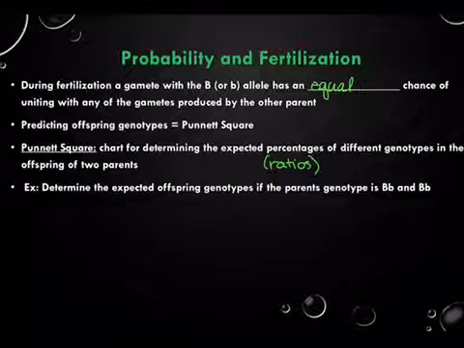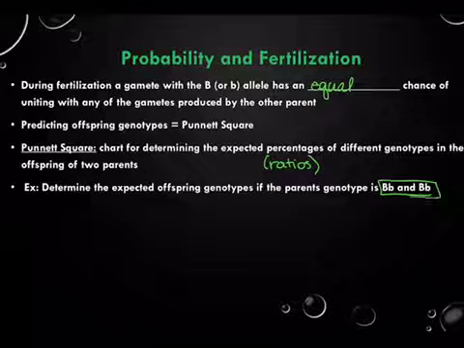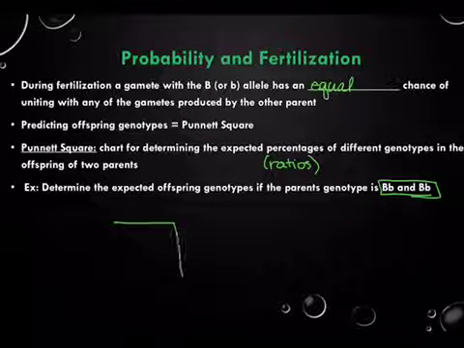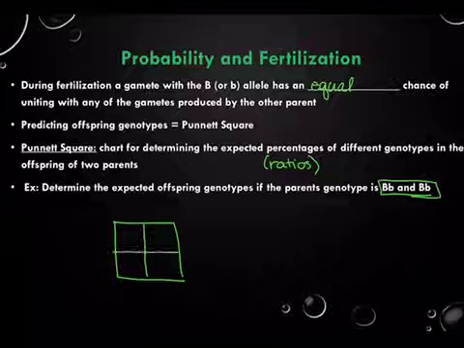Let's practice using the Punnett square. Determine the expected offspring genotypes if these are our 2 parent genotypes. A Punnett square is literally a square that you divide into fourths.